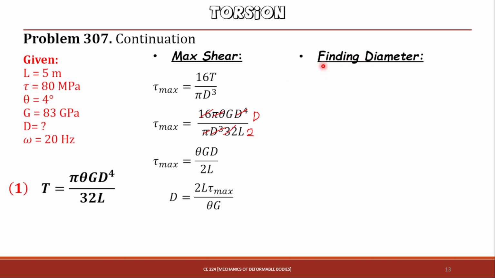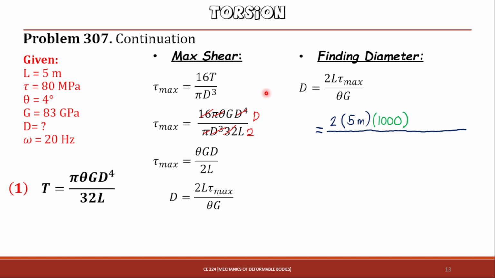So, computing for the diameter, substitution na lang gagawin natin. So, we have 2 times yung length natin na 5 meters. And again, naka-meter siya, gawin natin siyang millimeters. Tapos, shear max na 80 megapascal. Okay lang. Tapos, theta natin na 4 degrees. Tapos, dapat yung angle of twist natin naka-radians. So, conversion factor na pi over 180 to cancel yung degrees. Okay?